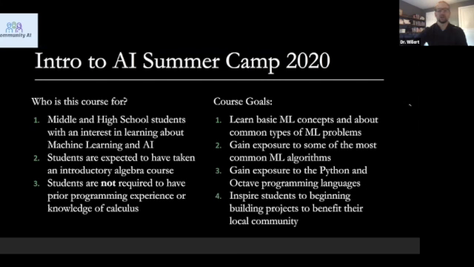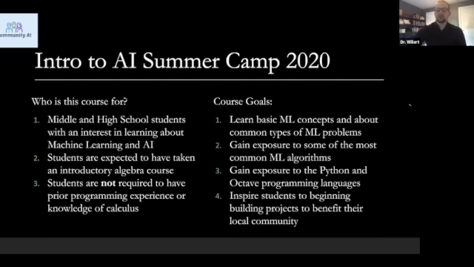We expect that students have some familiarity with algebra. In most cases, machine learning and AI are taught to individuals who have a background in calculus. We're trying to avoid this because we want to make this as accessible to as broad of an audience as possible. So we don't require you to have any prior programming experience or any knowledge of calculus.